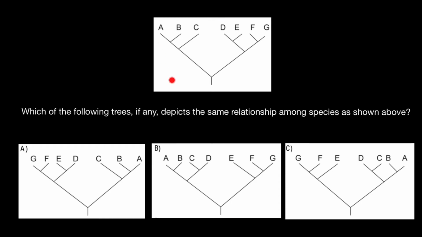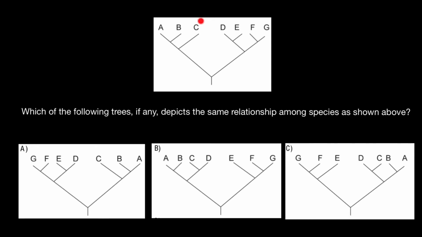If we compare with this tree, we find that species A and B are sister species and have a recent common ancestor, just like in this picture. Also on the same internal branch we have two terminal branches with species C and D that have a common ancestor.